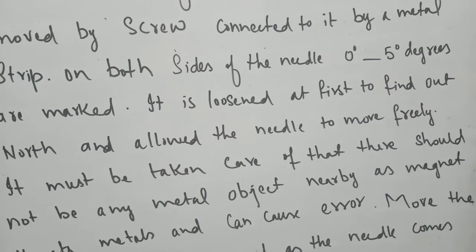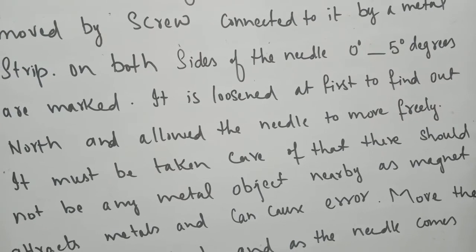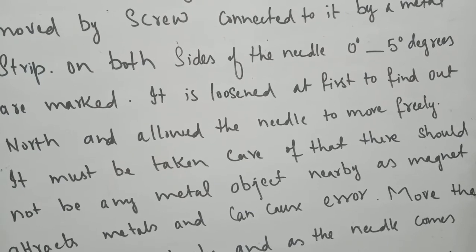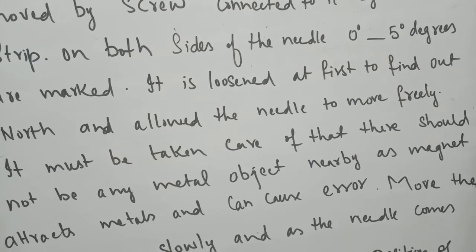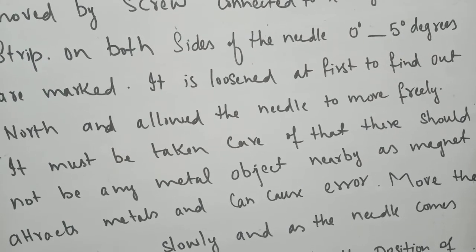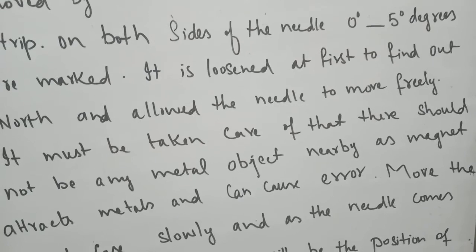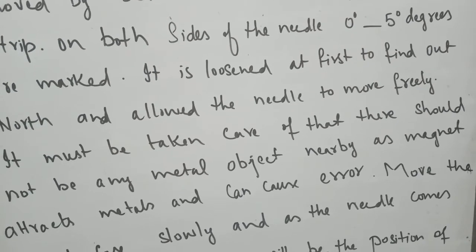When the needle starts moving freely, care needs to be taken to remove all the metal objects in the surrounding, because if metal objects are nearby, the magnet can easily attract those metals and errors can come into our practical.